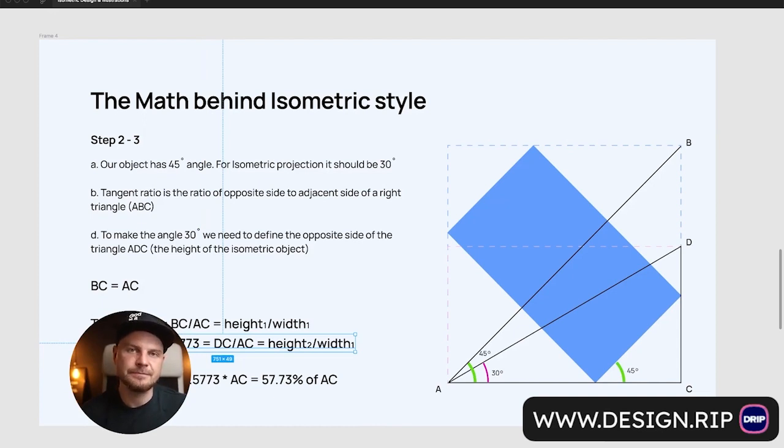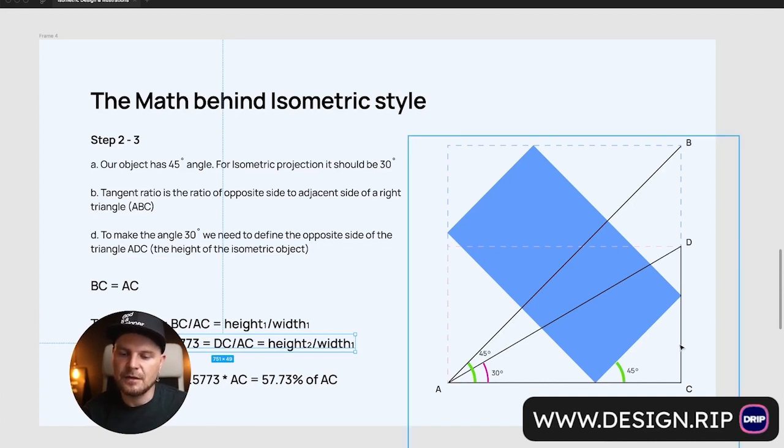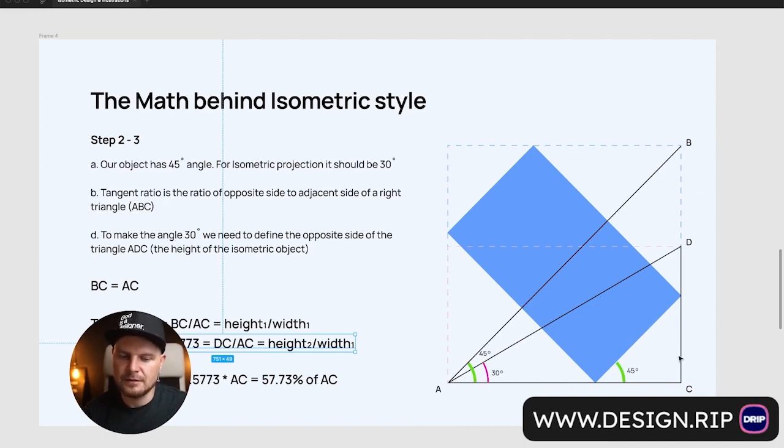Tangent of 30 degrees, if you put it into your calculator, is 0.5773 and so on and so forth, or it also equals DC to AC, the opposite side to this side. And DC is the height of the object that we need to get 30 degrees.